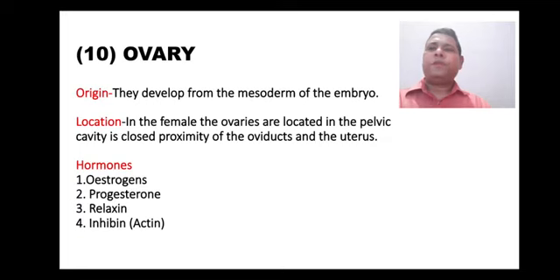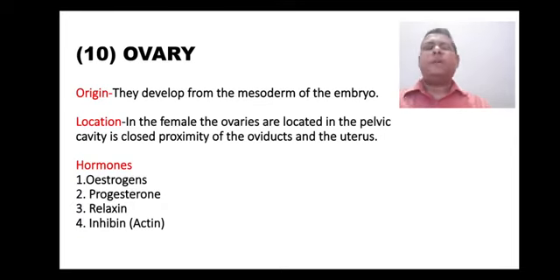Progesterone is secreted by the corpus luteum of the ovary. It stimulates further development of the uterine epithelium and mammary glands. It is also required for the formation of the placenta and the maintenance of pregnancy.